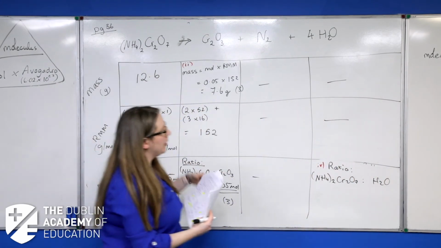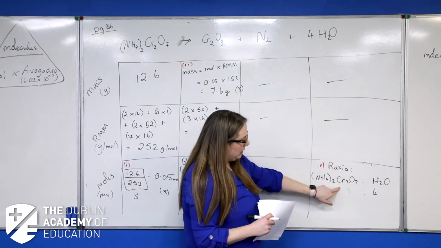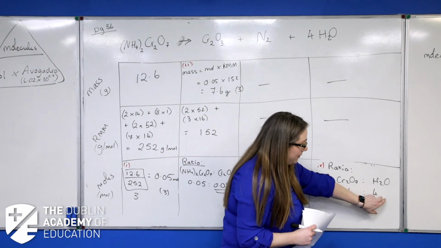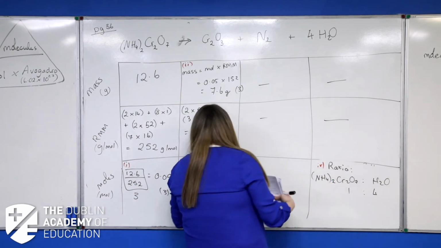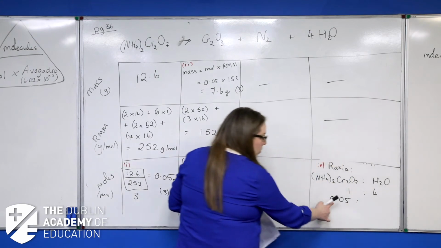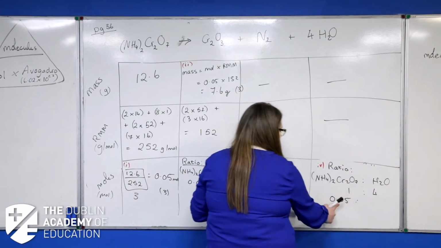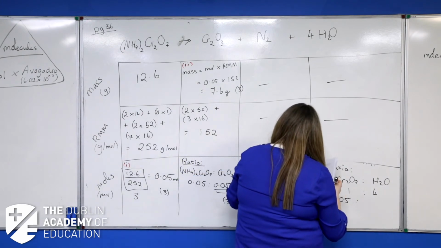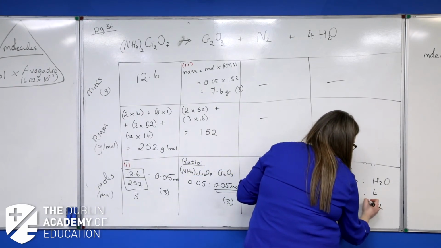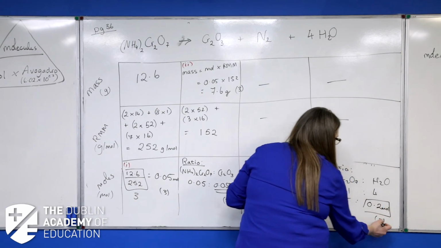It's 1 is to 4. You start off with 1 mole of ammonium dichromate and you end up with 4 moles of water. So you have 4 times as many. We didn't have 1 mole. We had 0.05 moles. So to find out how many moles of water, times that by 4, which is going to give me 0.2. That'll get you 3.